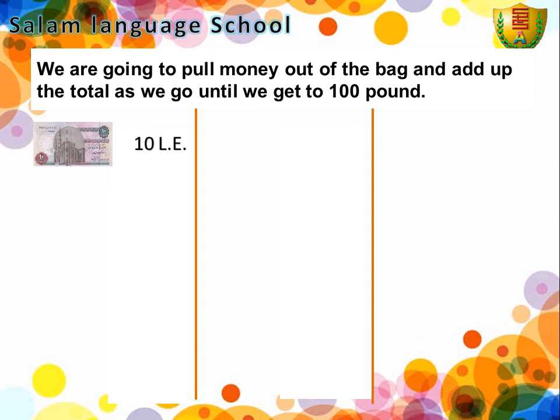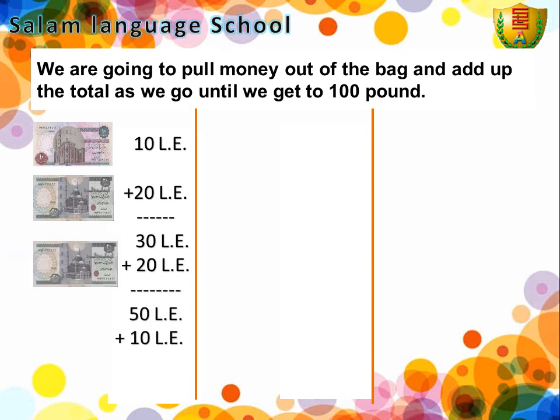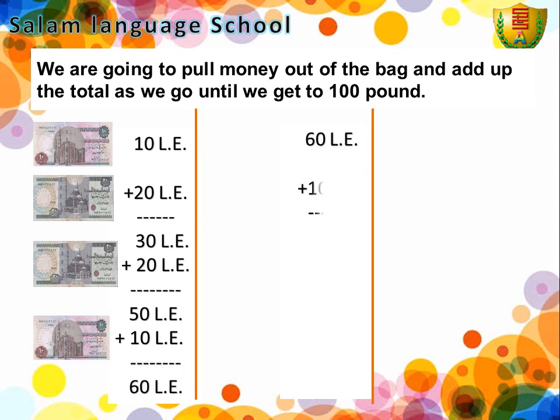10, then add 20, it becomes 30. Add 20 again, it becomes 50. Add 10 again, it becomes 60. Add 10 to the number 60, it becomes 70.